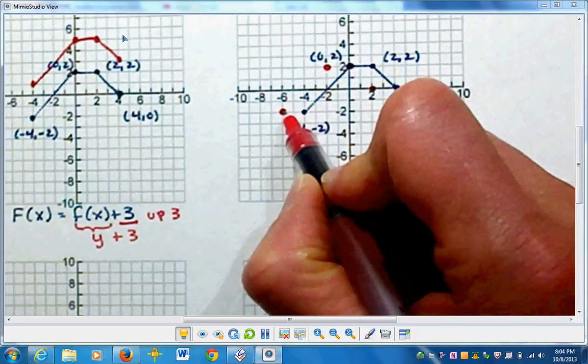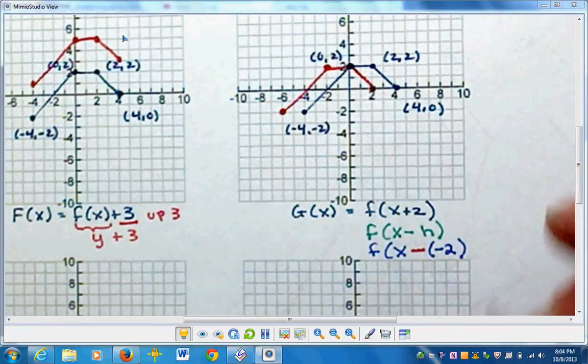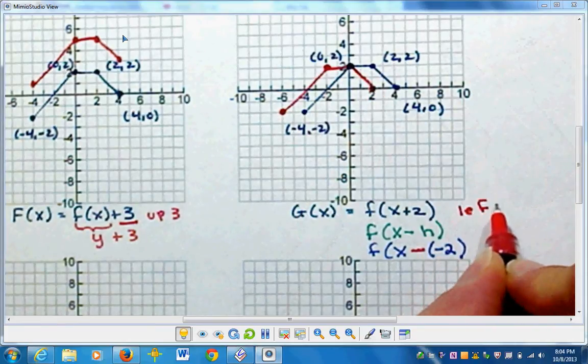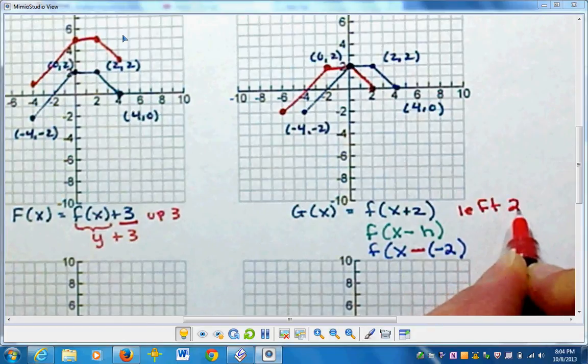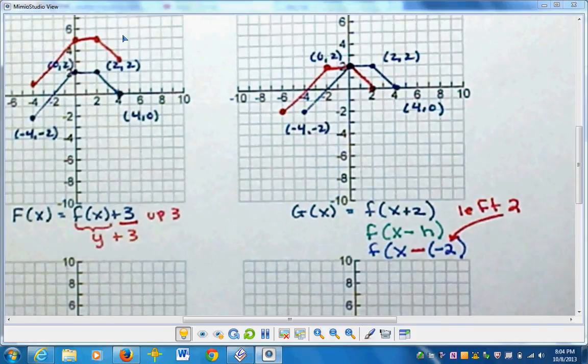So my new function has been translated left 2, because I have to put it back into the formula, and the formula has a negative. A negative times a negative gives me my positive. Okay, so that's tricky. Anytime we're dealing inside the parentheses, we have to slow down and think a little bit. It's not exactly what we see.